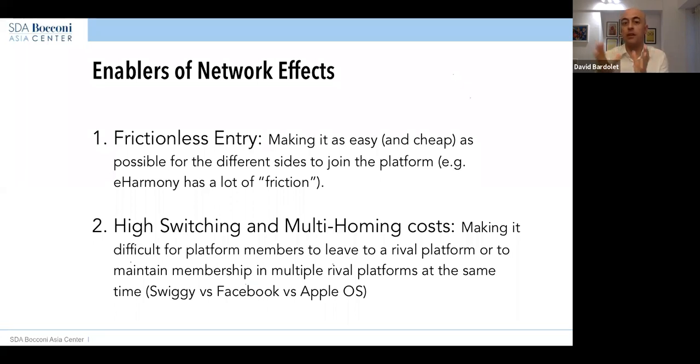You'll resist, even if the Android phone is a little better or a little cheaper, but there is that resistance to change because it's costly for you, not just in money, but psychologically. That means the Apple platform is much more protected. The Apple network is much more protected and solid than the Uber network. And that means that a platform like OS is much more valuable once it got big than the Uber network.